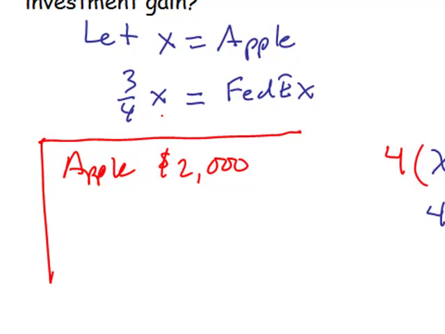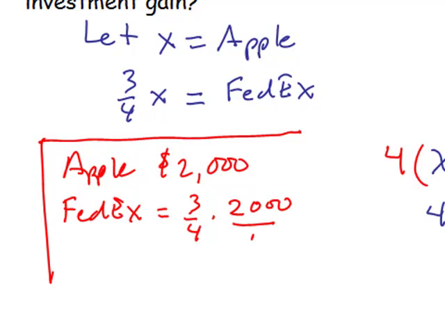And because of our legend, the 3/4 x is the FedEx. Let's see, 3/4 times 2,000. And we'll treat that as 2,000 over 1. And 4 divides into 4 once and into 2,000 500 times.